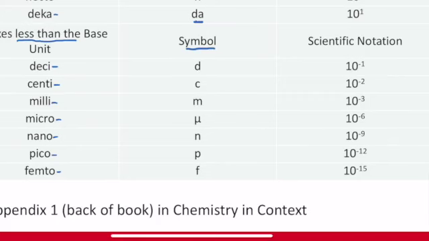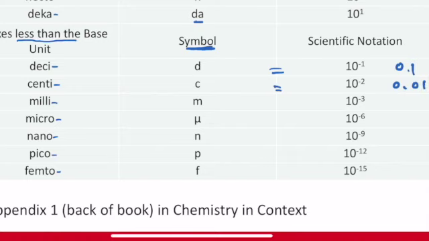The symbols that are less than the base unit of 1 are fractional, like 0.1 or 0.01. In scientific notation, deci is 10 to the minus 1, which would be 0.1. C is centi, which is 10 to the minus 2, which would be 0.01.